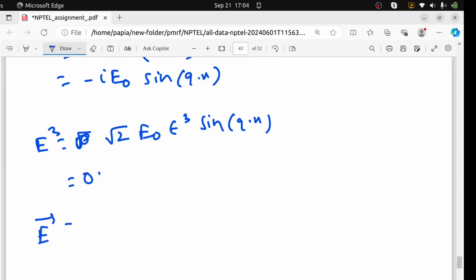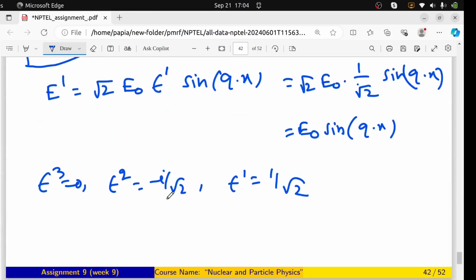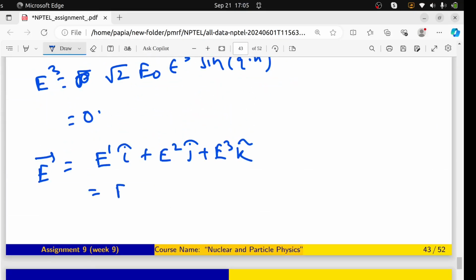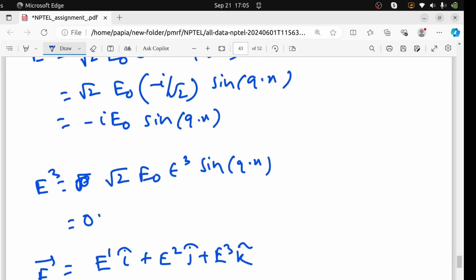So now E vector will be E1 i cap plus E2 j cap plus E3 k cap. So E1 is E0 sin q dot x, then this is i cap, minus I E0 sin q dot x j cap plus 0 k cap.